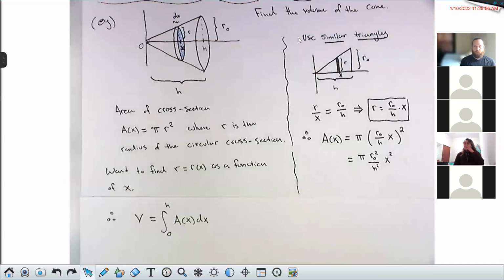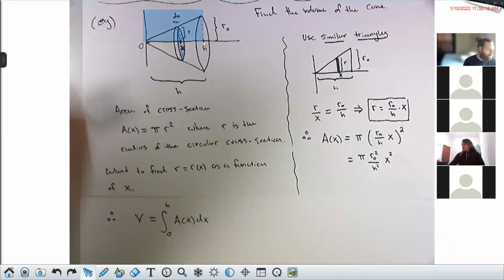Okay, so two triangles are called similar if the ratio of their side lengths are the same, which is equivalent to saying they have the same angles. What I want is this radius right here, right? This is the 2D projection of this picture. I'm looking just at this part and I'm looking at it in 2D. So I get a little right triangle here.